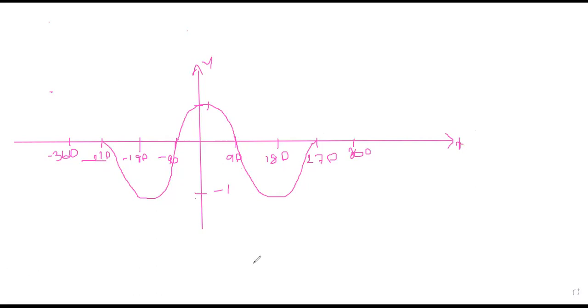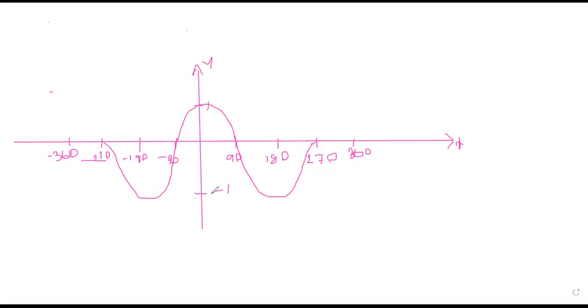In the sine graph we drew the line passing through the origin, but here the line passes through 1.